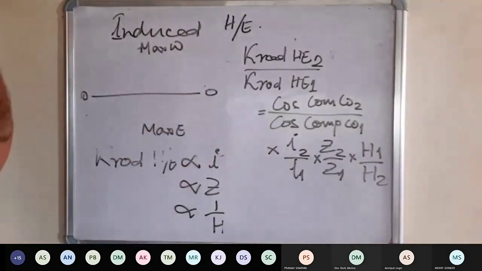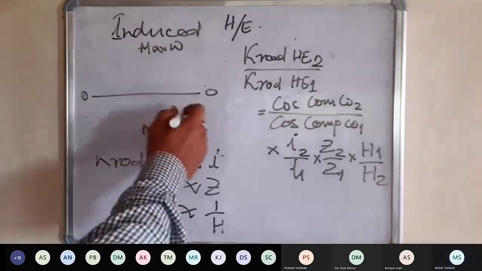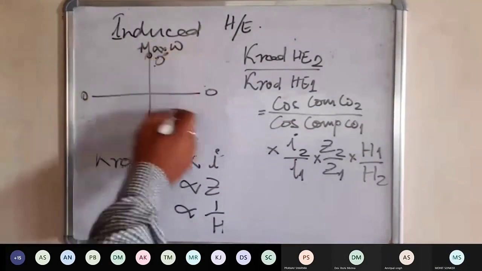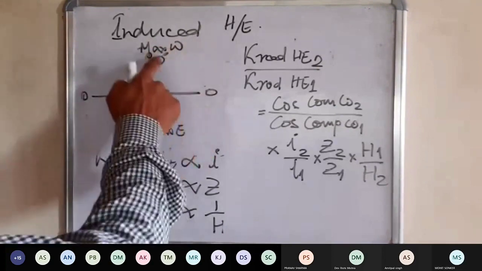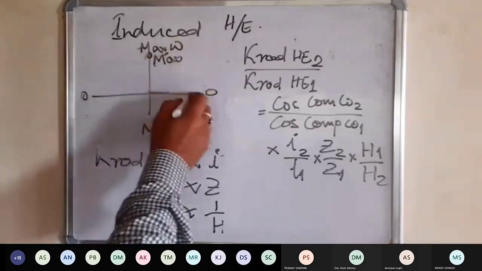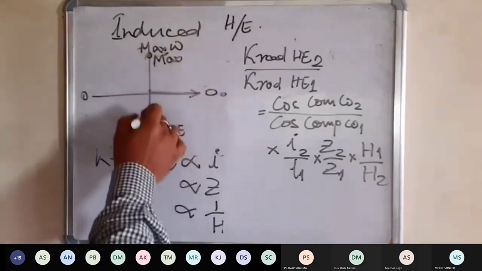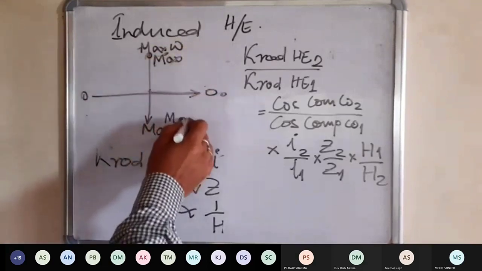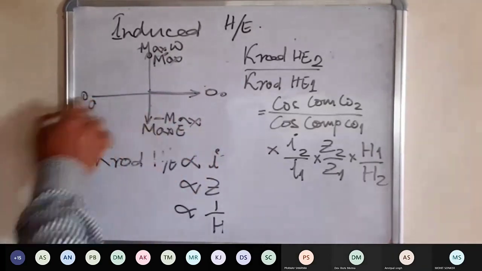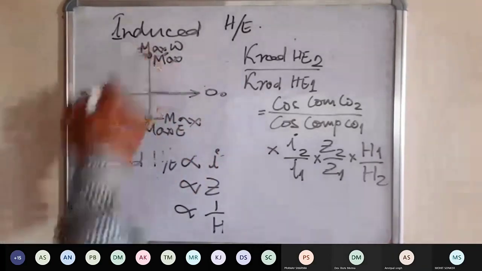Was it correct or not? That means at 0 degree it is maximum, at 90 degree it is 0, 180 degree again maximum, but opposite maximum, 270 again 0, and then we come here.